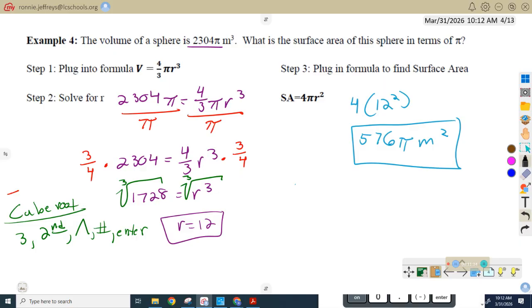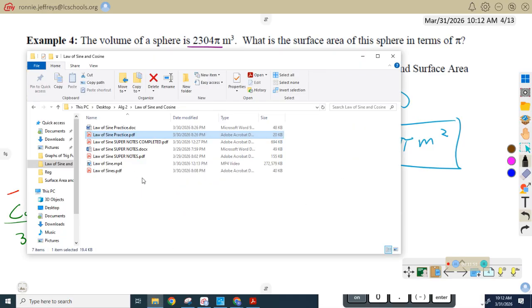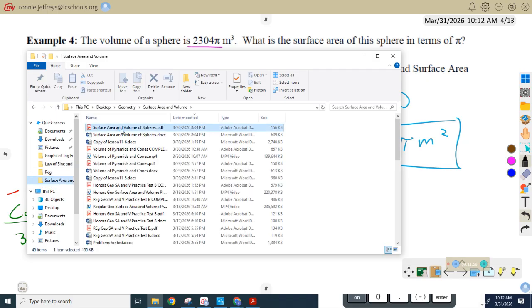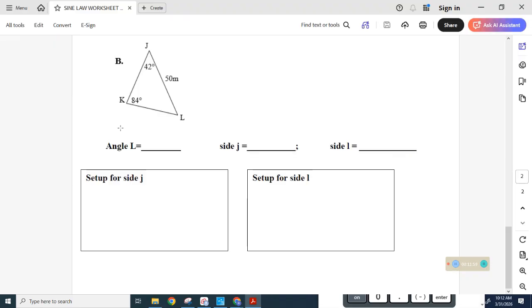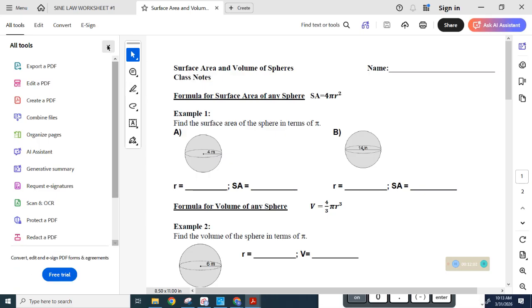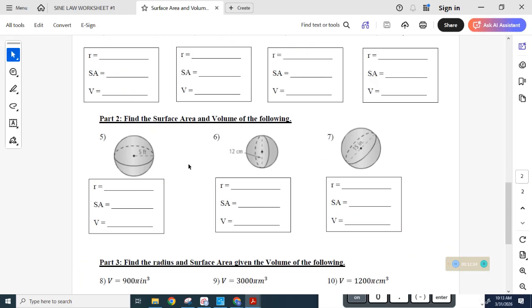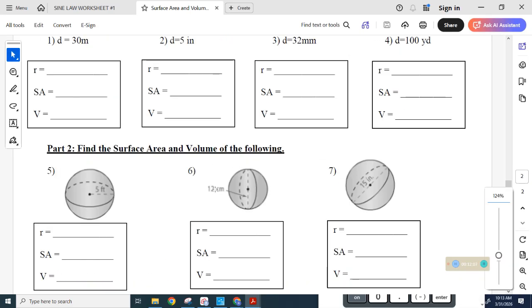All right. Now, that's the lesson for today. You have 10 problems on the back. The last 3 are like example 4. On the back, I don't think this copied very well.